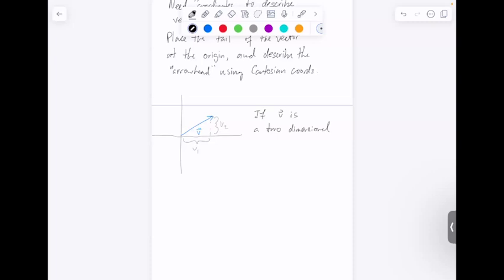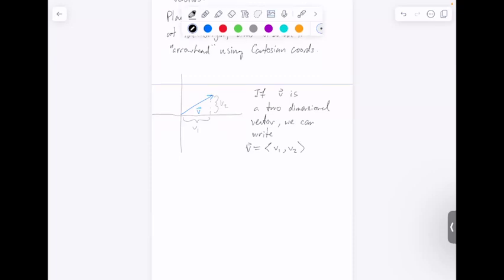So if v is a two-dimensional vector, we can write v is equal to ⟨v1, v2⟩ with angle brackets. These are what we call the components of v. There's a component of the vector in the x direction and a component of the vector in the y direction, and we call these v1 and v2. These are components. We don't call them coordinates when they're a vector. We describe these in terms of components.